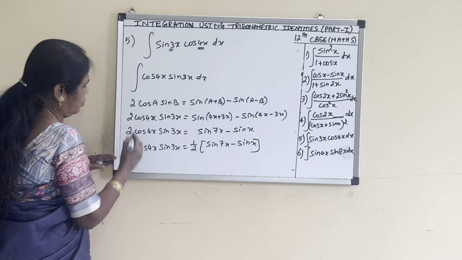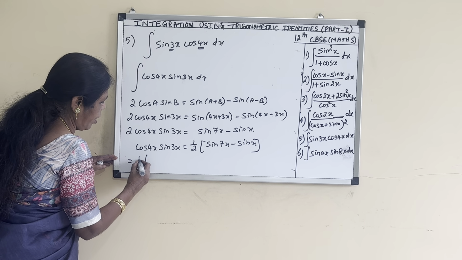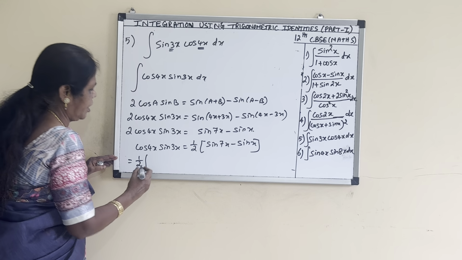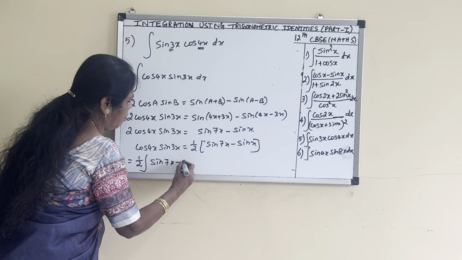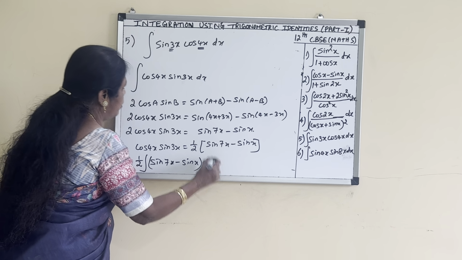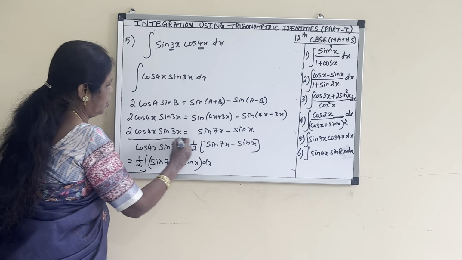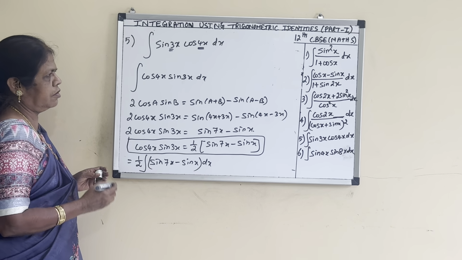I will keep 1 by 2 outside my integral, that is sin 7x minus sin x into dx.